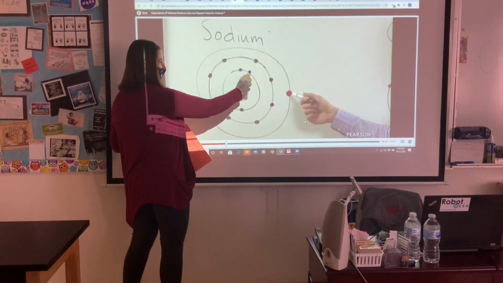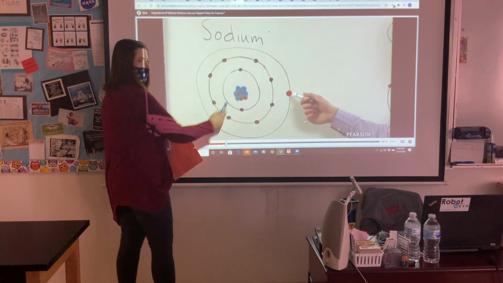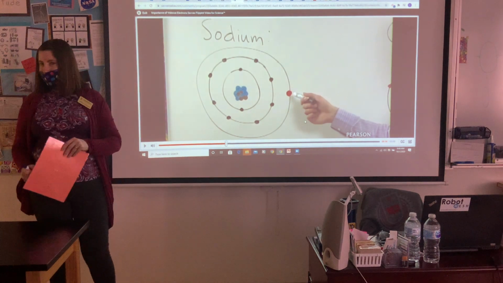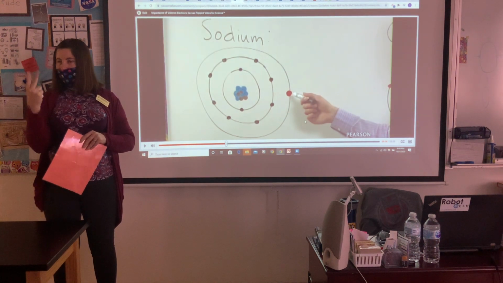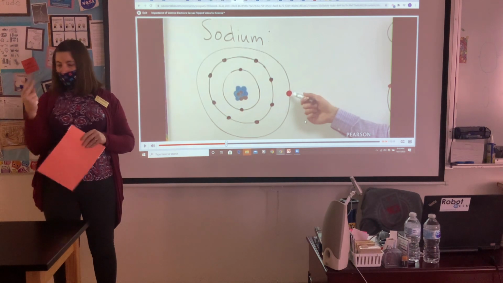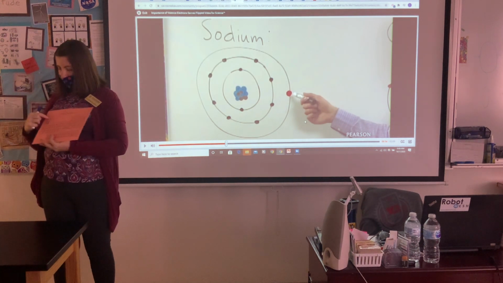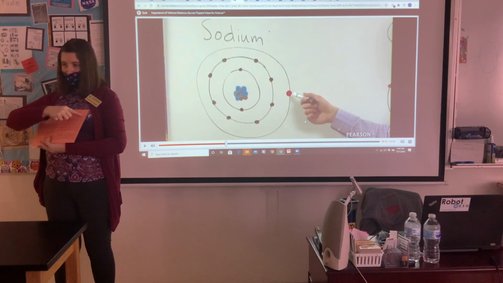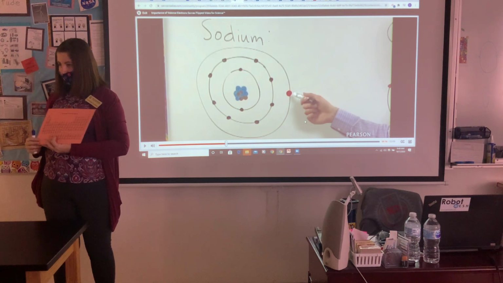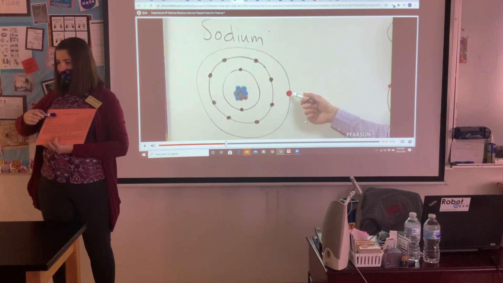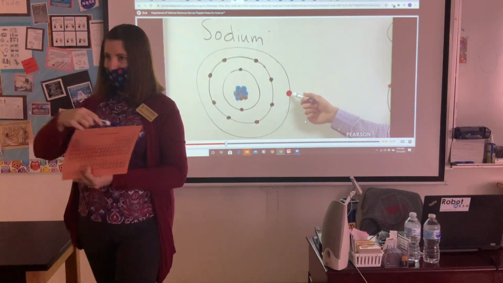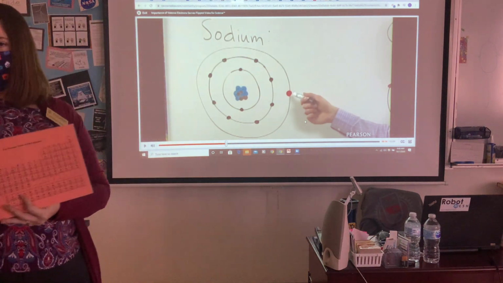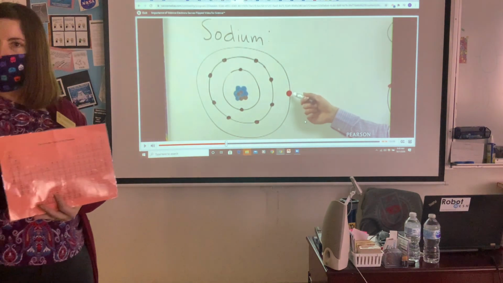In this first energy level, the most I can have is 2. And it is full. Why? 1, 2, and then it's full. That describes the first energy level. That period 1, and those two elements, hydrogen and helium, describe the first energy level.